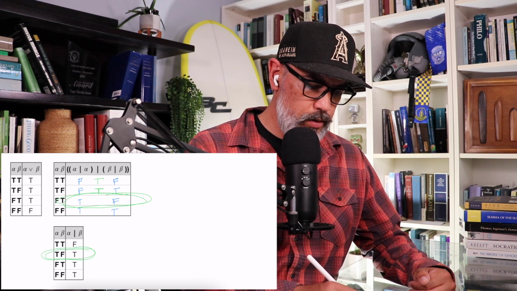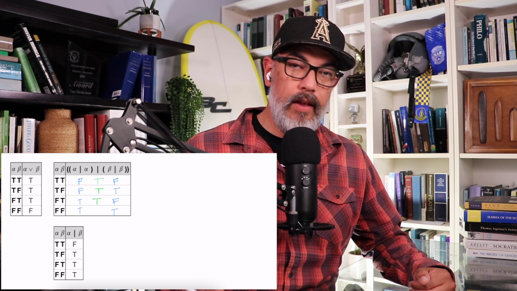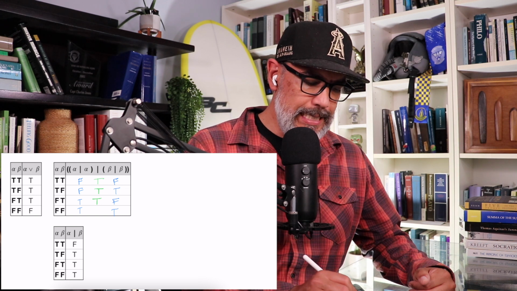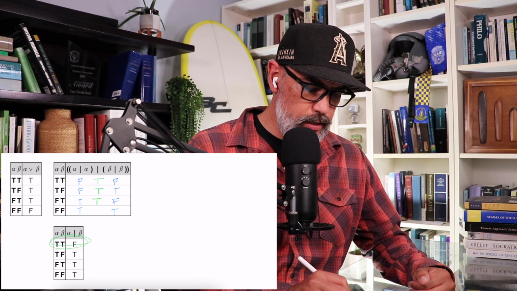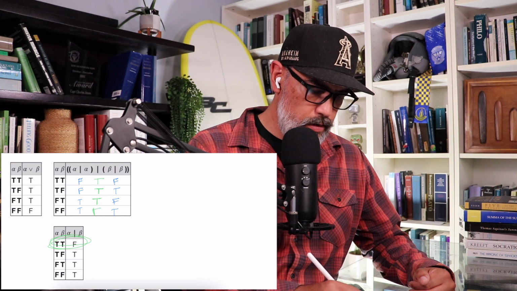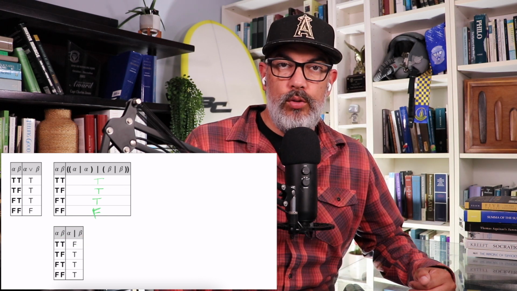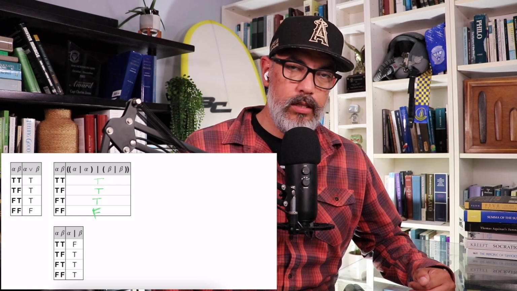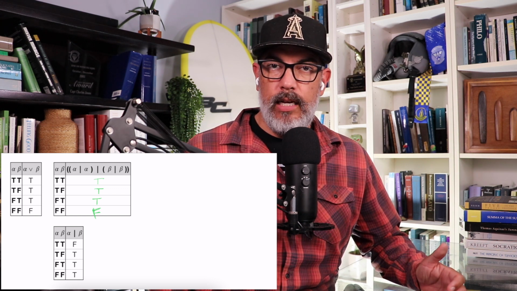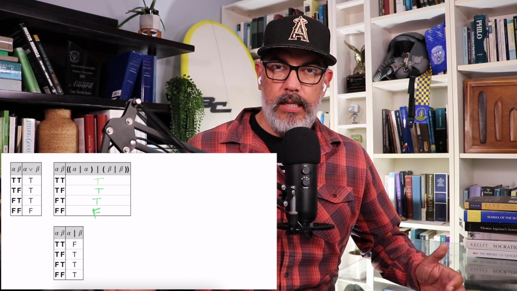So we get a true. And then finally, in the last row, we have a TT, which is this guy right here. And we have the identical truth table for a disjunction. So the Sheffer stroke all by itself is functionally complete.